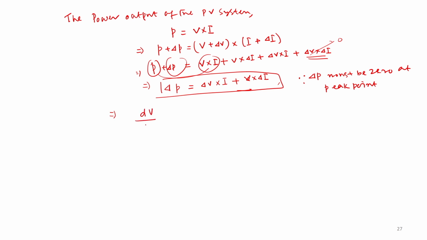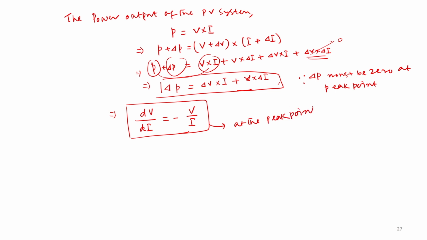dV by dI, which is nothing but minus V by I, okay, at the peak point, because our thing should be something like this. So, I am talking of this point, this is P, this is V. Okay.